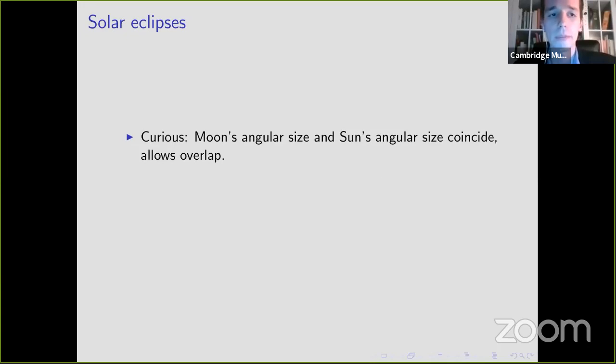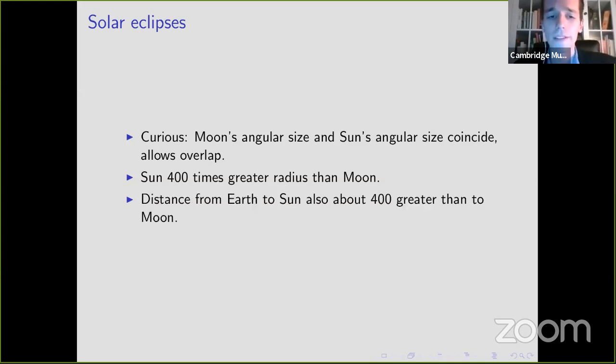There is a curious fact about the solar eclipses. The moon's angular size and the sun's angular size happen to coincide, allowing an overlap. Had the moon been smaller on the sky, a complete overlap would not have been possible, and a total solar eclipse would not have been possible. The sun is 400 times greater in radius than the moon.